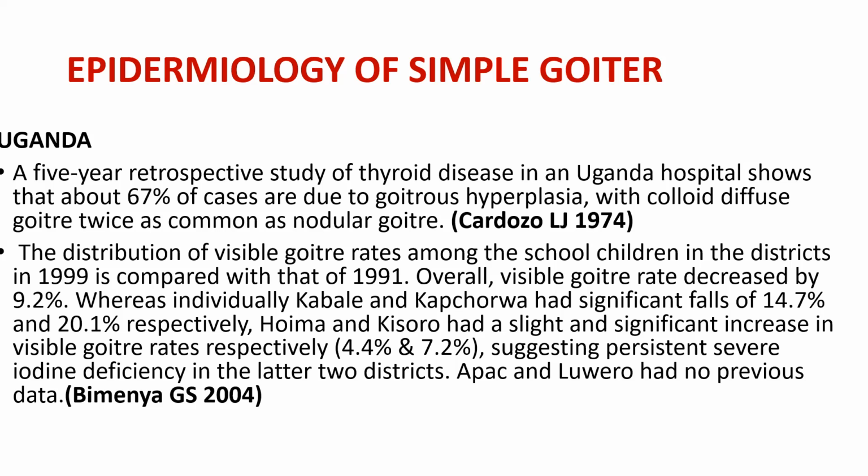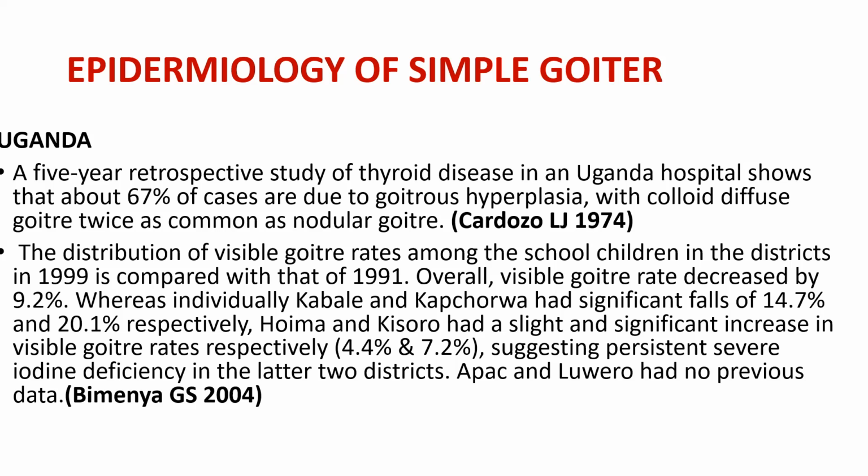was looking at the impact of iodine deficiency on goiter, by looking at the distribution of visible goiter rates among the school children in districts in 1999 compared to that of 1991. Overall visible goiter rate decreased by 9.2%, whereby individually, Kabale and Kapchorwa had significant falls of 14.7% and 20.1% respectively.